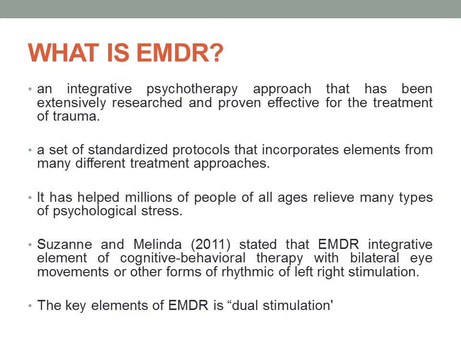According to Suzanne and Melinda, 2011, EMDR integrates elements of cognitive behavioral therapy with bilateral eye movement or other forms of rhythmic left-right stimulation. The key element of EMDR is dual stimulation.